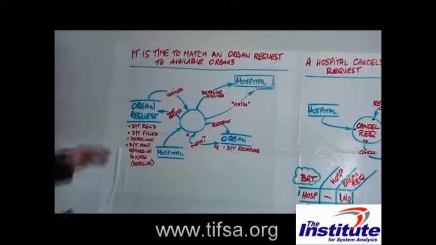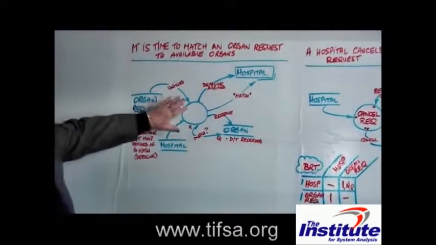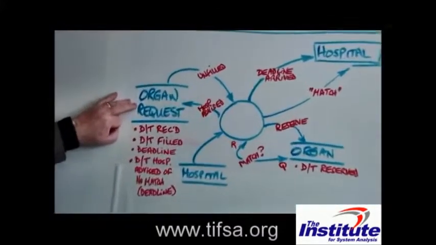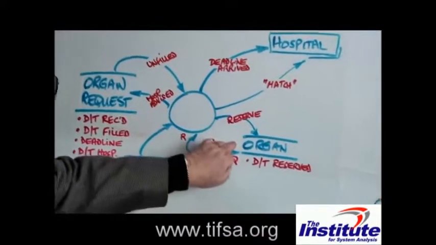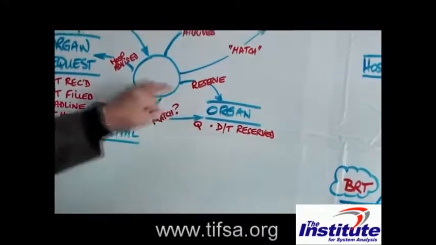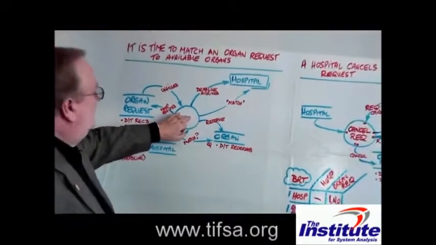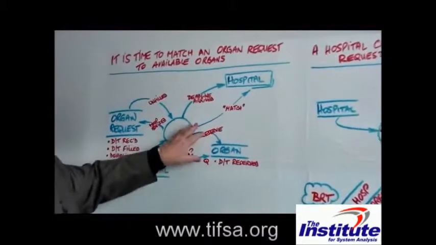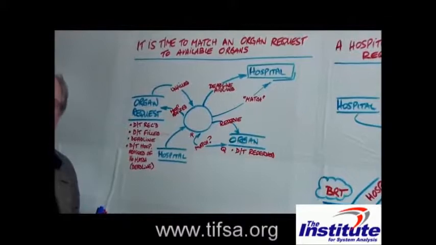So having said that, it's time to match an organ request to available organs. The way we've looked at it is find an organ request that's not yet been filled, that's next in line. Search for a matching organ based on the criteria established when we received the request. If we don't find a match, keep looking until we either do find a match or we reach the deadline.